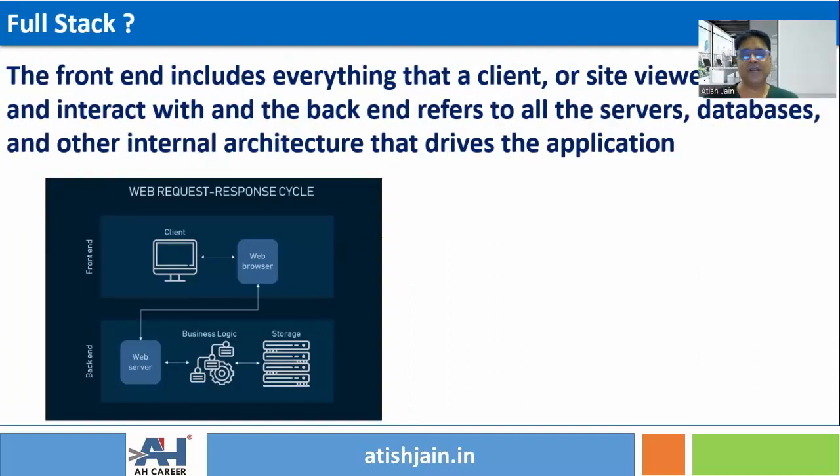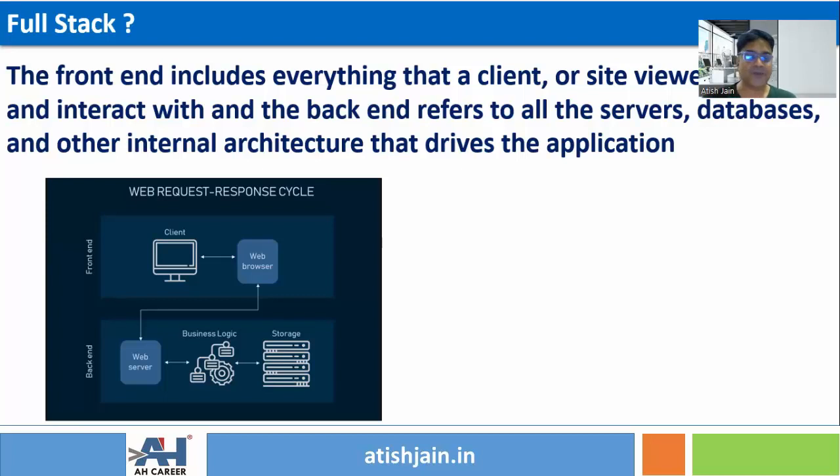Front end includes everything a client or a site viewer sees and interacts with. Whenever you look at a web page, the images, the buttons, everything you see on the web page and interact with is known as front end. And back end refers to all the servers, databases, and other internal architecture that drives the application.